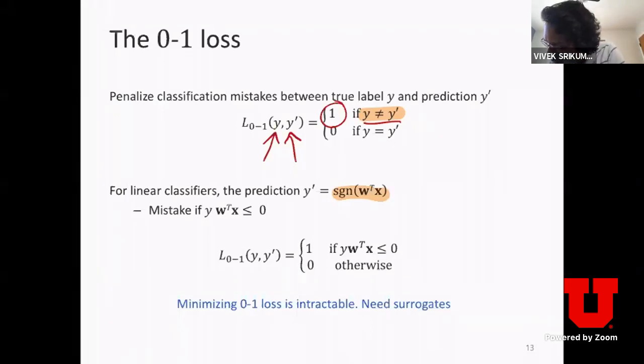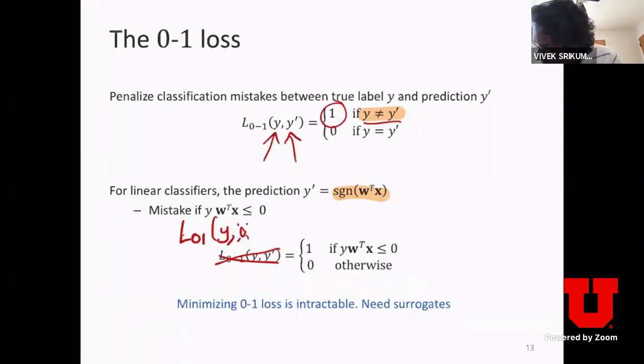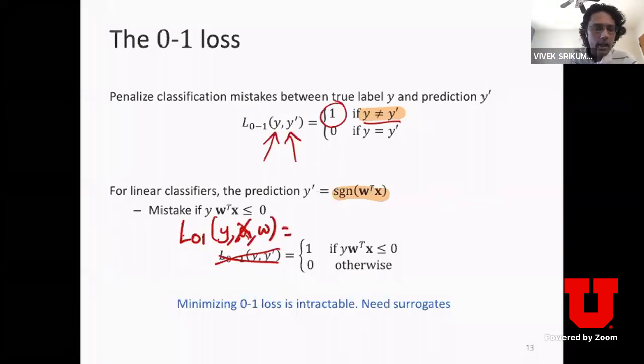I can rewrite this: L01 of y, x, and w, the 0-1 loss for a particular example x, y and the weight vector w, is 1 if y w transpose x is negative, otherwise it's 0. Essentially, these things are the same. So the classifier loses a point if it makes a mistake, and the loss for the data set is the number of points it loses.